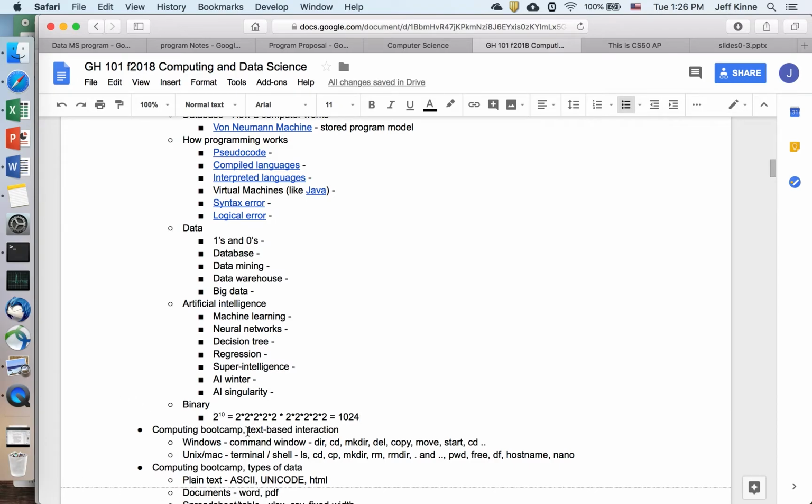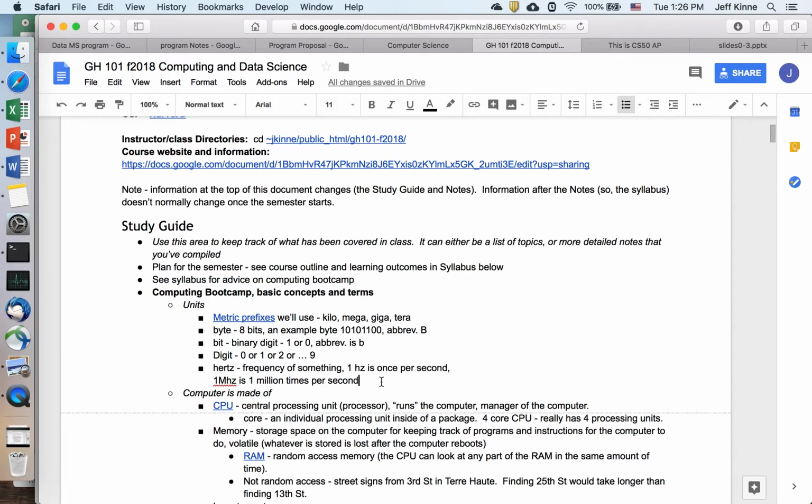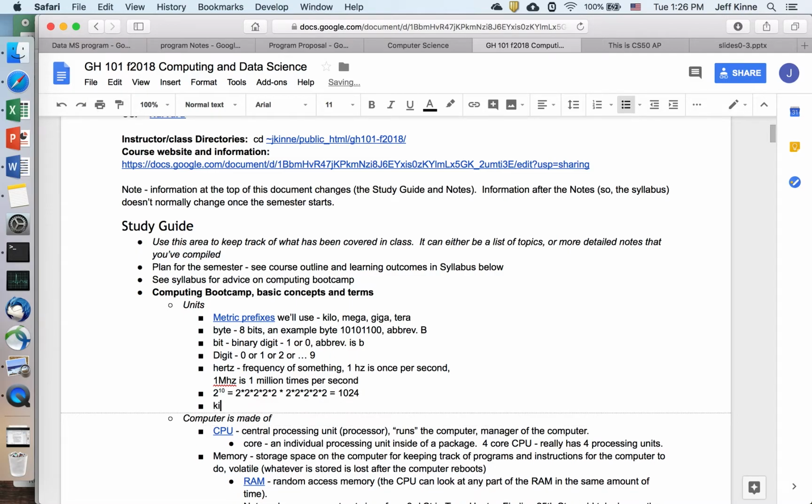Let's put this back up under units. We'll get to binary. So far we don't have to talk about binary yet. Okay, so in computer usage, kilobyte could mean 1,000 bytes or 1,024 bytes.